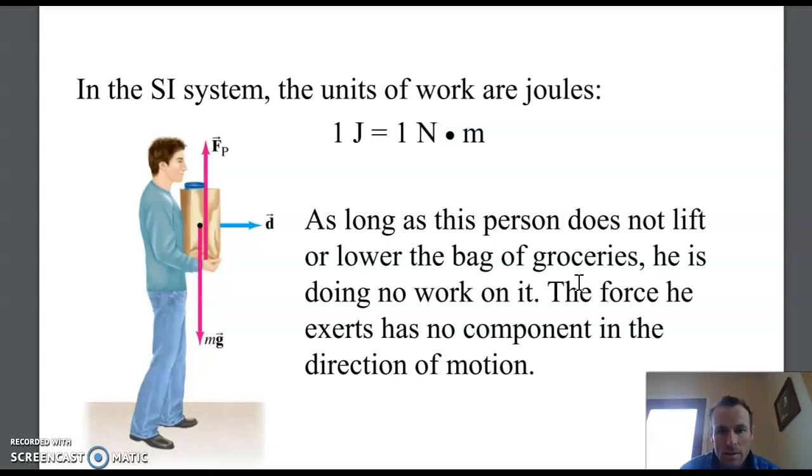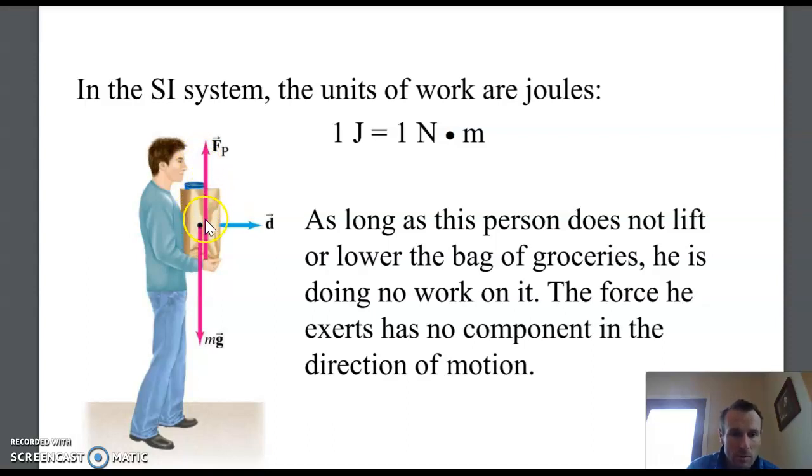As long as this person does not lift or lower the bag of groceries, he is doing no work on it. What does that mean? So this guy, he's holding this grocery bag. He's walking horizontally here. So here's the displacement vector. And certainly the grocery bag has a weight force, mass times gravity, and there's going to be a force that the person is exerting to support that weight.